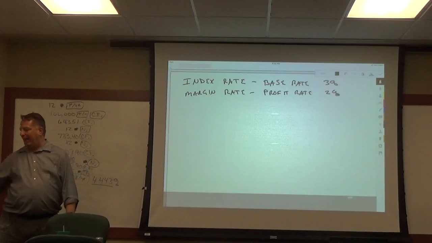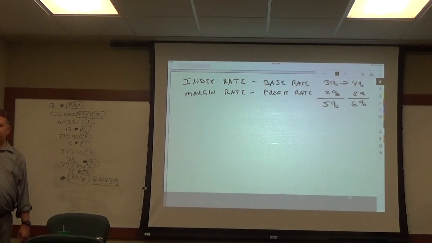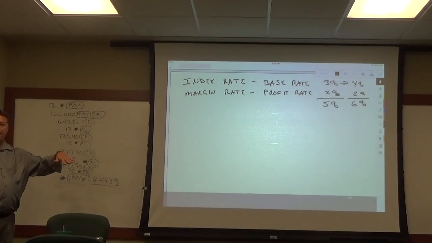And so whenever you add them together, you get 5% as the total stated rate, okay? But if over time, maybe over the next year, the index rate goes up to 4%, you are probably going to keep that margin rate the same, meaning now the overall rate you're charging the borrower is 6%. Does that make sense? And it could go down as well, okay?